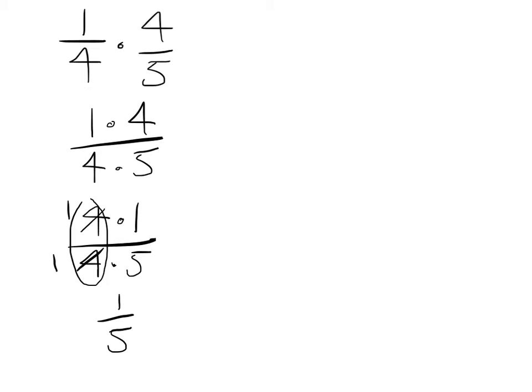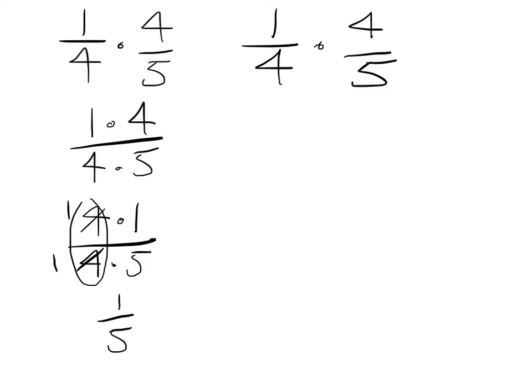So the trick here is to recognize when you can simplify your fractions before you multiply them. You're going to be looking for a common factor that you can divide out anywhere in the numerator and anywhere in the denominator.